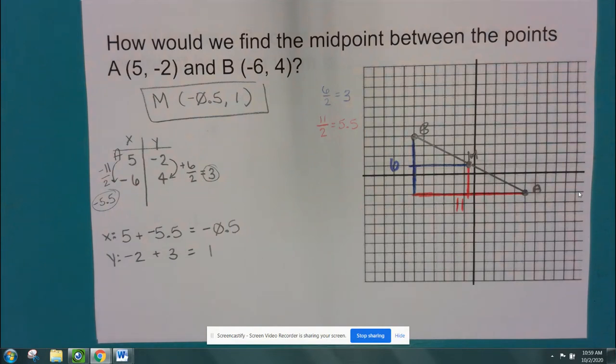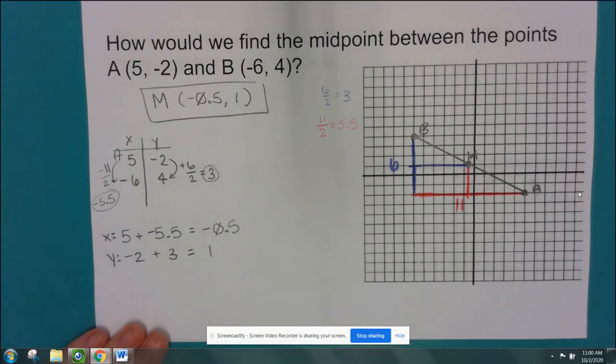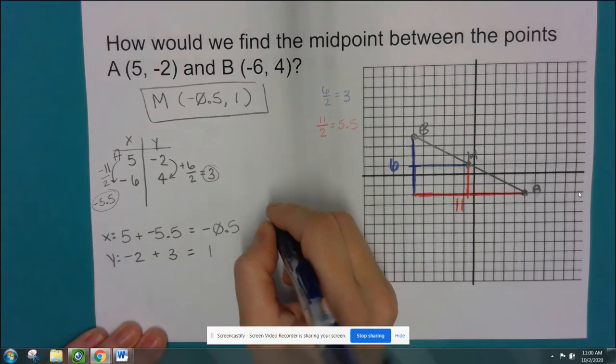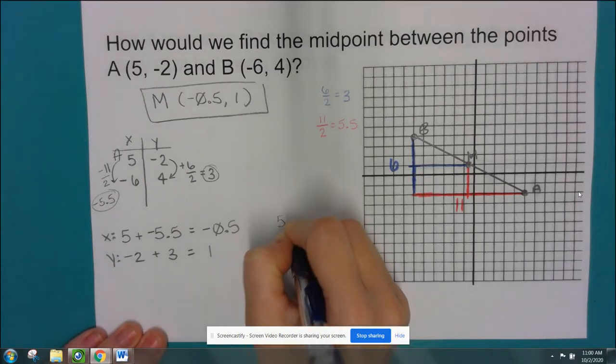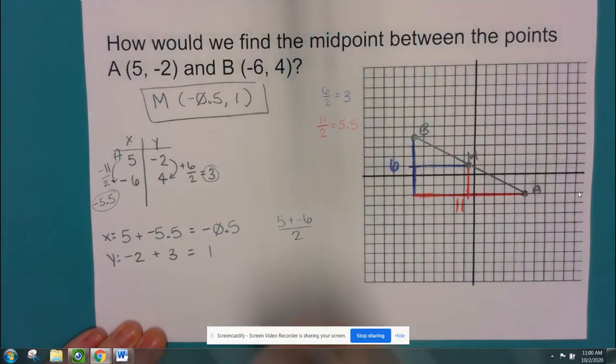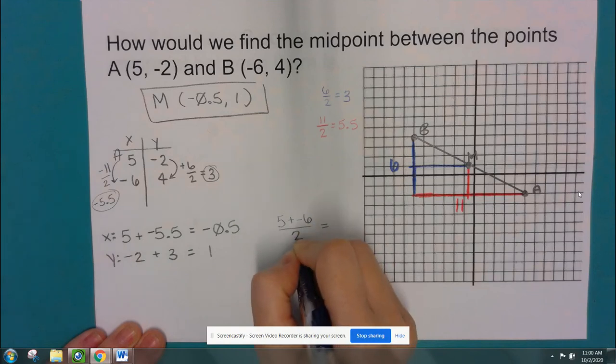Now there is also a formula, which I haven't told you just yet, but what I'm doing here, I'm kind of using the formula, but kind of not. So I'm going to take the average of my x values. So 5 plus -6 divided by 2. Well, 5 plus -6 is -1.